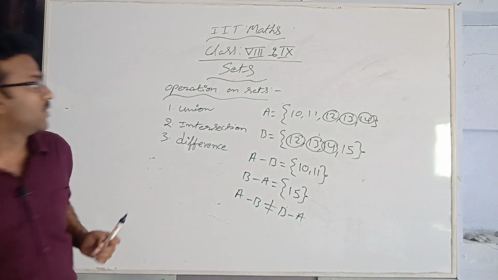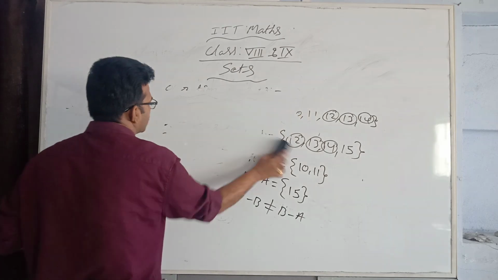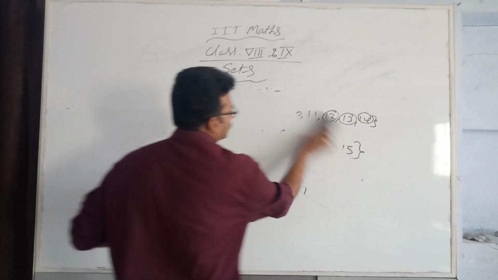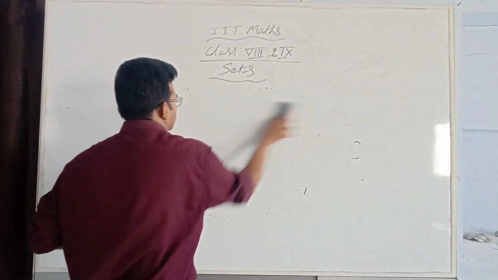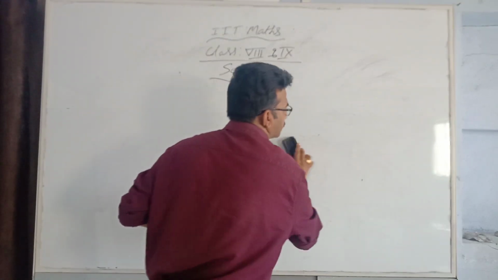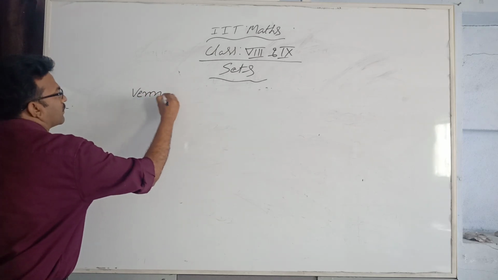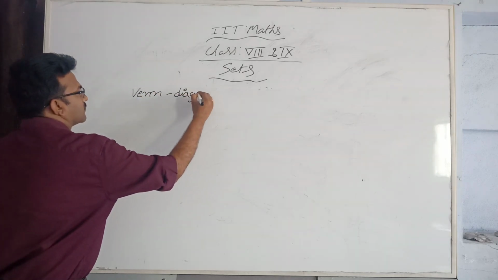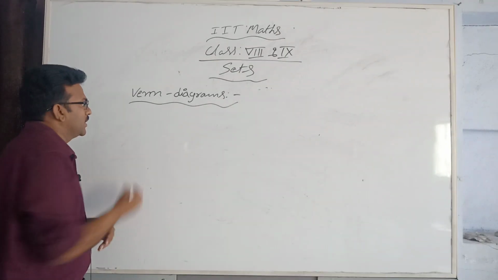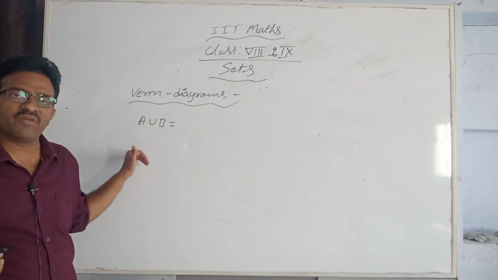Next, we are going to consider here Venn diagrams on sets. So here I want to take A union B Venn diagram.